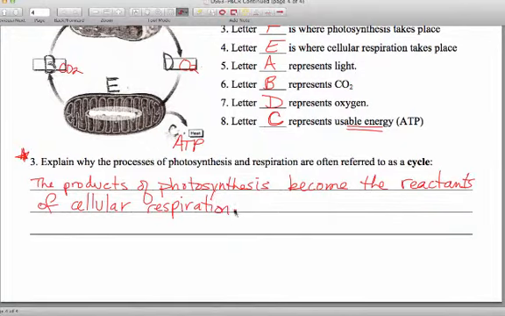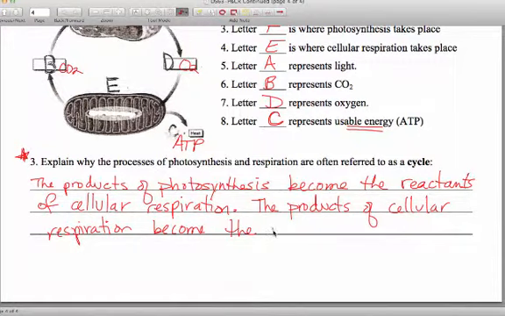And then we can continue on and say the products of cellular respiration become the reactants of photosynthesis.